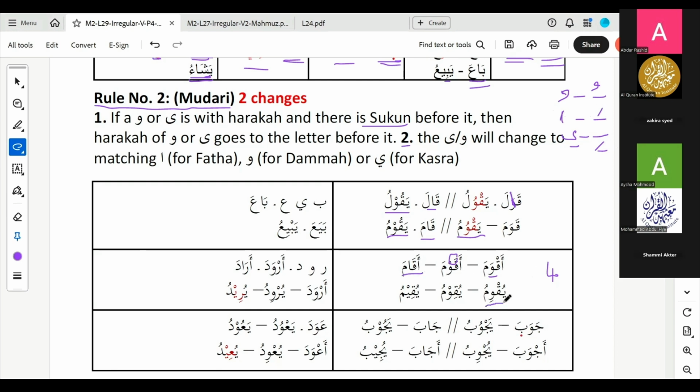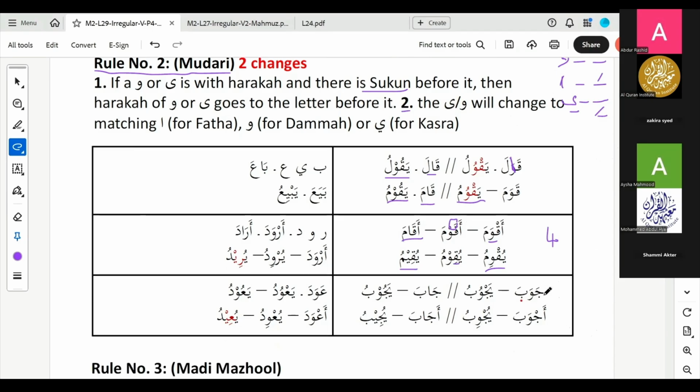So now mudare is yuqwimu, yuf'ilu. So it becomes yuqimu. Then waw, before that we have kasra. So for kasra it is ya, so it becomes yuqimu. So we have one more example here for form 1, jawaba. So it becomes jaba. Yaj'ubu becomes yajubu. This is form 4.